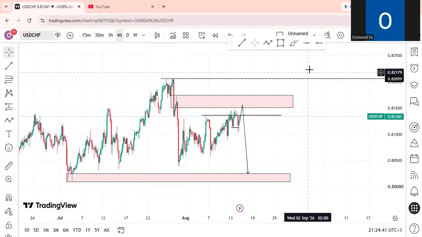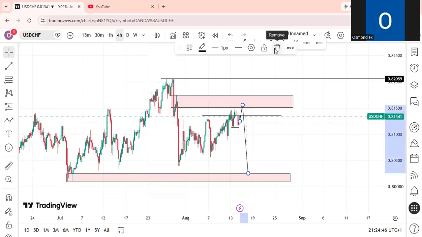I told you guys that whenever the chart is complicated, just leave it. Don't try to be smart. Anytime you want to trade and you notice that the chart is complicated, just avoid it. Go to the pairs that are giving you a good setup. Avoid charts that are not giving you a good setup.